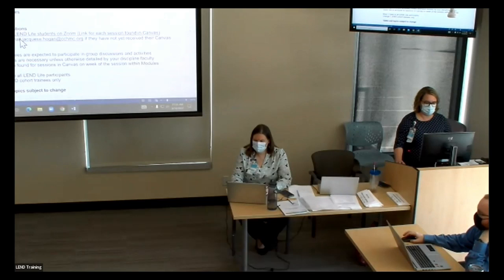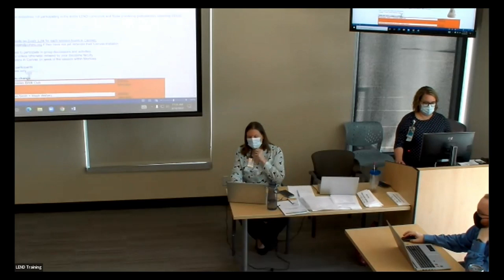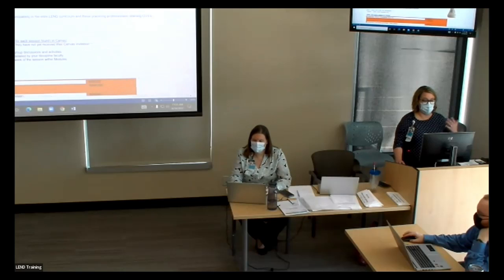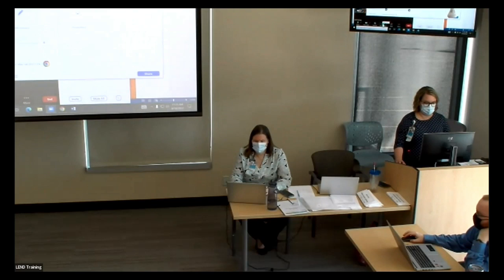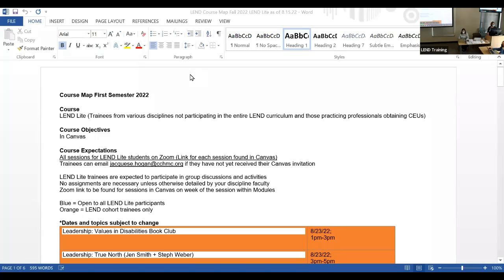So you've heard us a little bit describe you guys as the LEND cohort. You are the main LEND cohort. We also have folks that are not part of the cohort, but still participate in portions of LEND. And so this year, this is what we call the course map, or what LEND Light trainees are able to come to and what they're not able to come to, because we want to keep it a little bit more cohesive with just your cohort for various reasons.